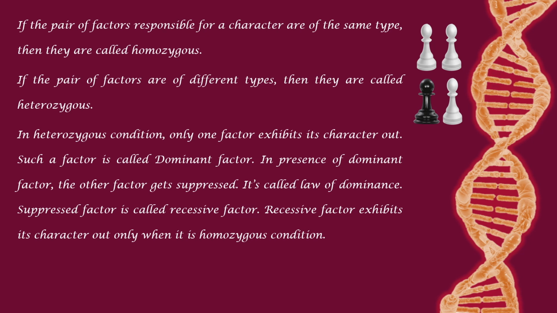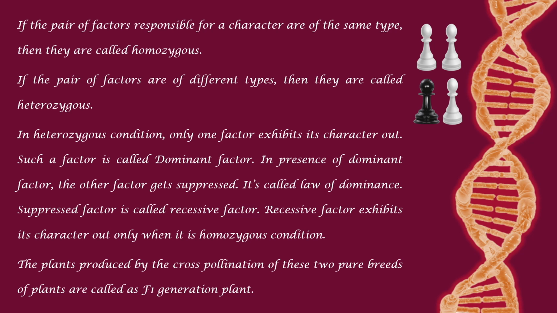In heterogeneous condition, only one factor exhibits its character. Such a factor is called dominant factor. In presence of dominant factor, the other factor gets suppressed. It's called law of dominance. Suppressed factor is called a recessive factor. Recessive factor exhibits its character only when it is in homogeneous condition.